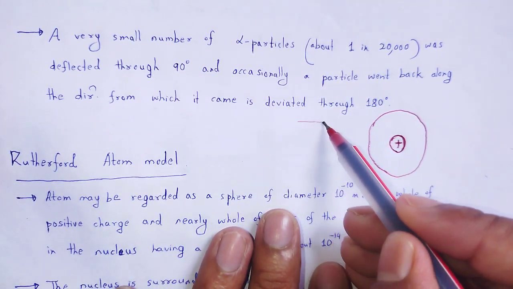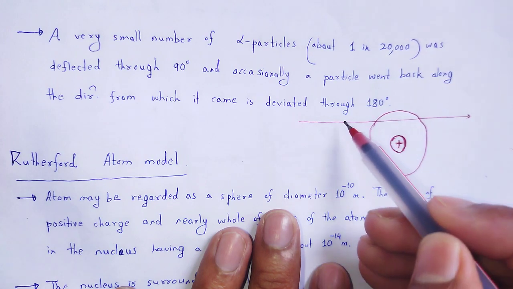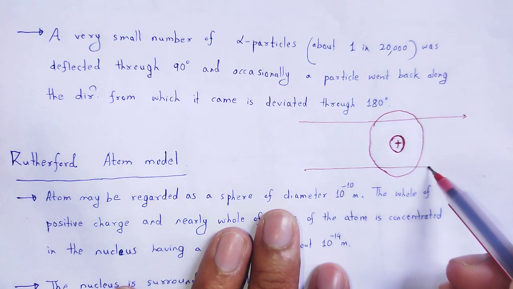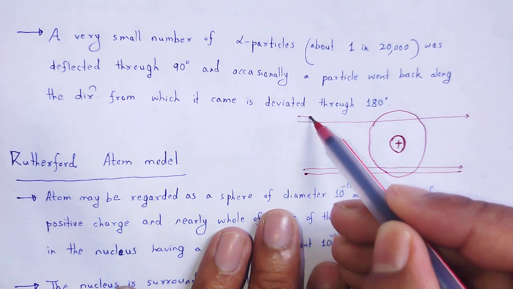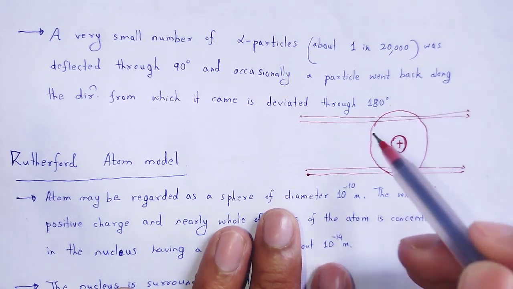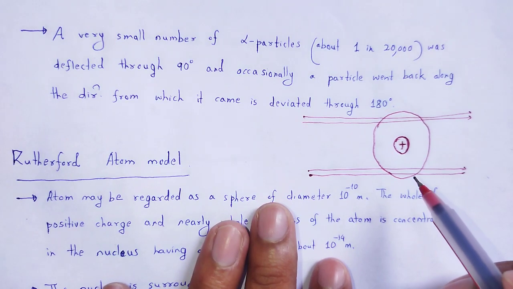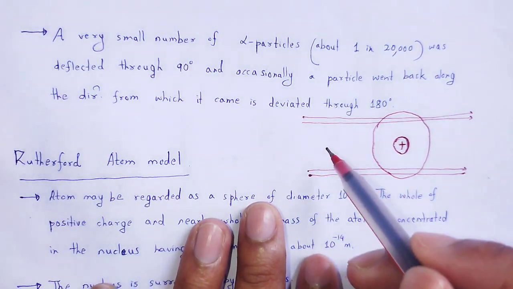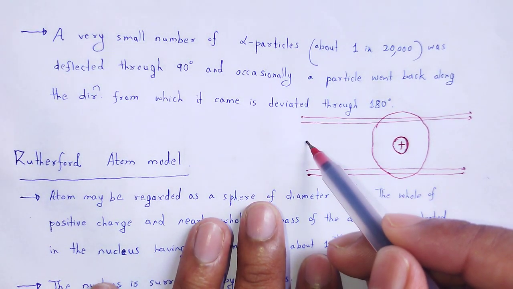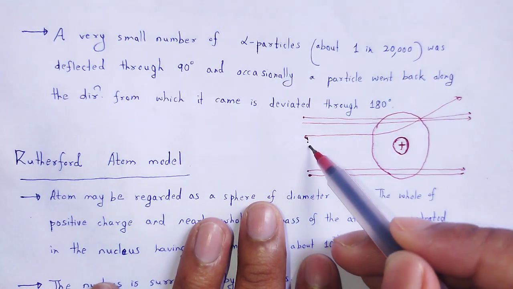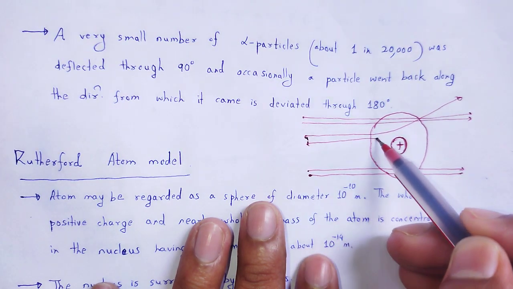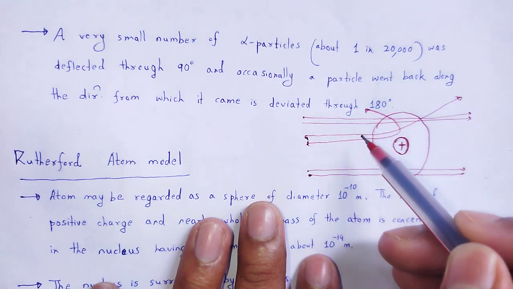Some of the alpha particles pass undeviated, and some of the alpha particles are deviated largely.